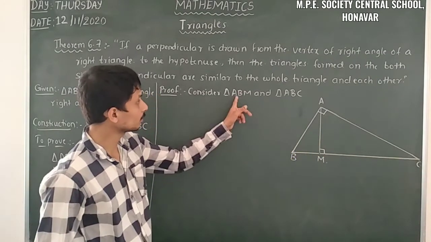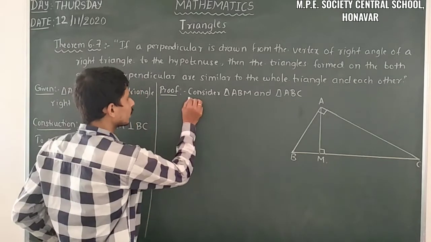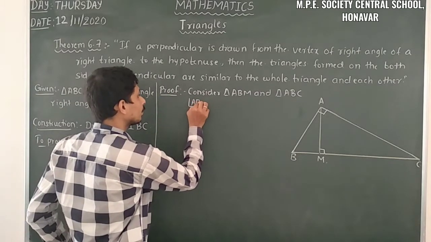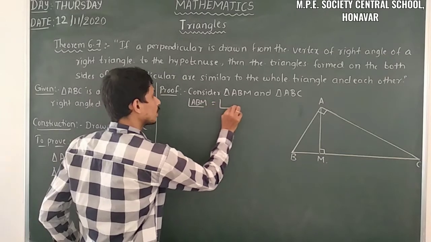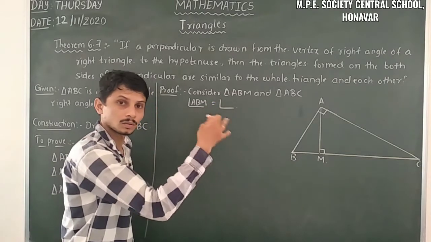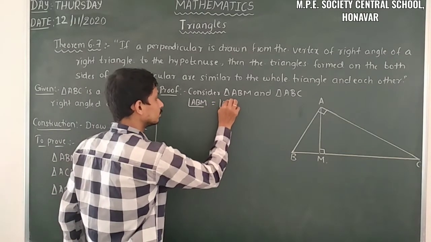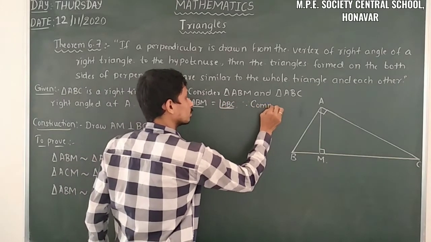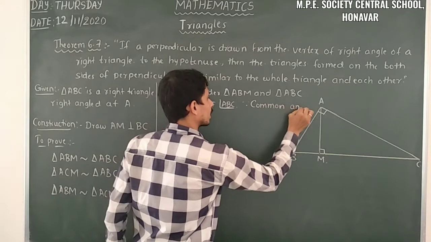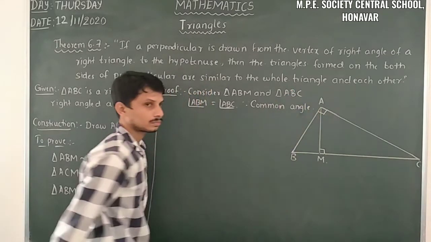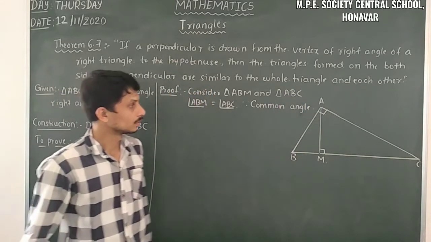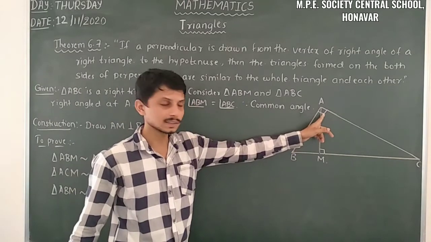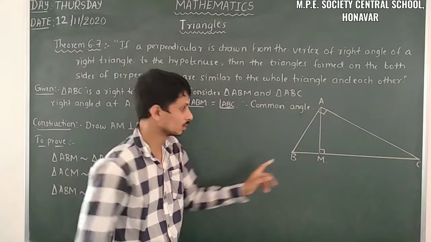So from ABM we have to write angle ABM is equal to angle ABC, because it is a common angle. Then just observe, here it is 90 degrees, here 90 degrees.